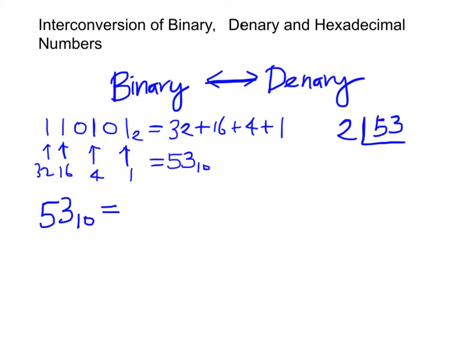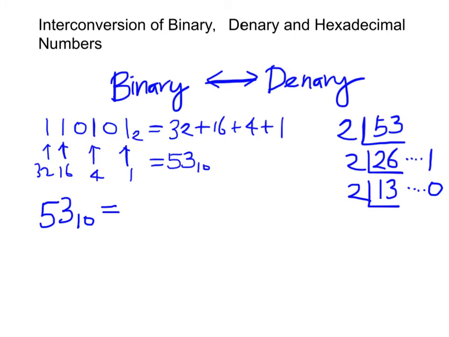Therefore 53 divided by 2 we have 26, and we have to beware of the remainder. The remainder is 1. And then we continue to divide the quotient, 26 divided by 2, and we have 13, and this time the remainder is 0.